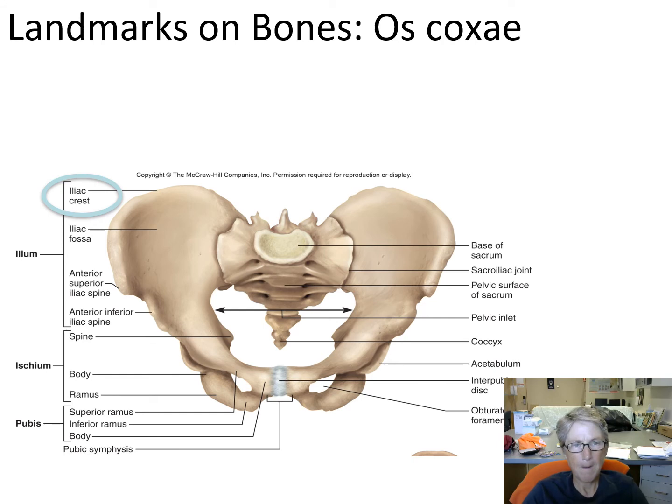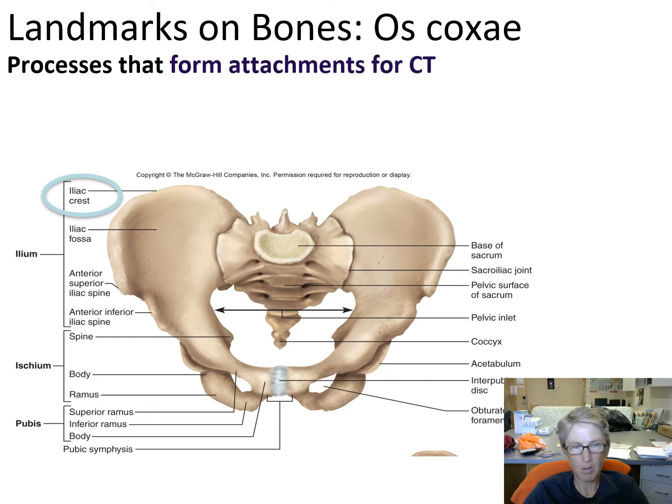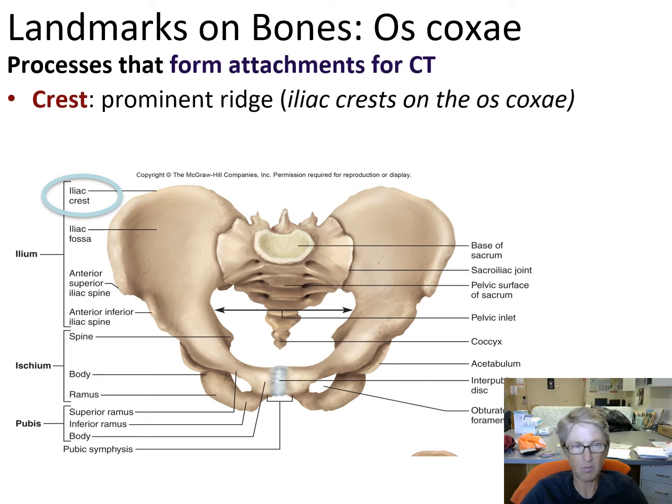Okay, let's look at the os coxae, or the hip bone, to look at processes that form attachments for connective tissue. So there's this crest on the ilium. So basically, this is the ilium bone, and it goes down through here.